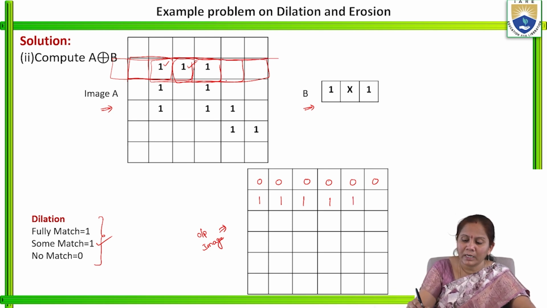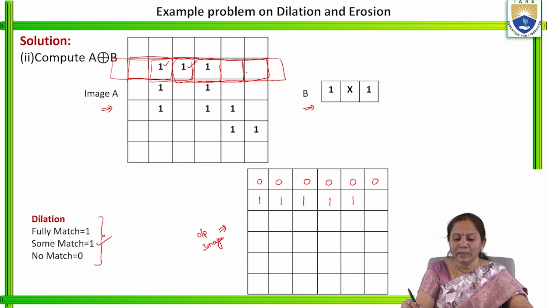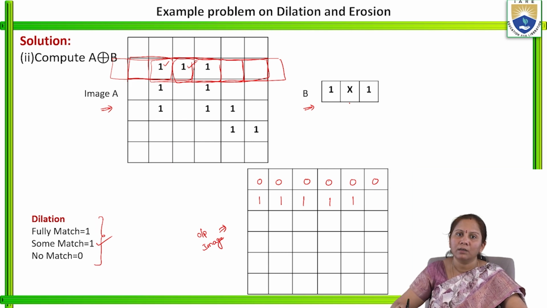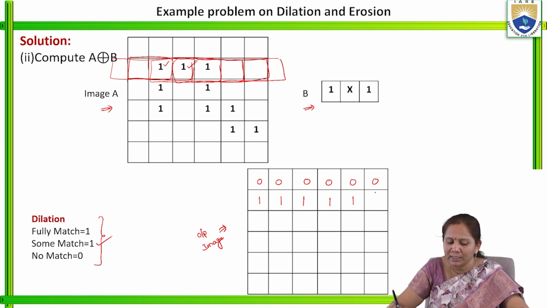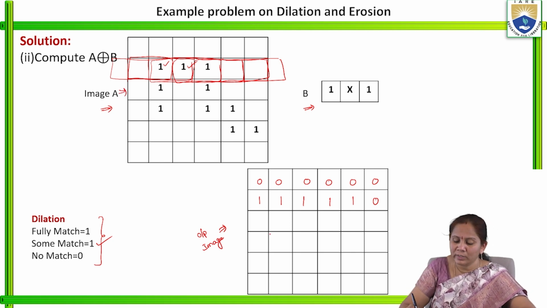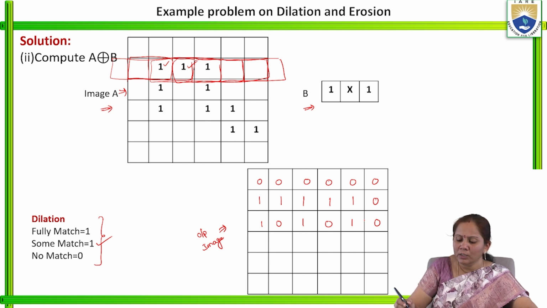Whereas to find the last element, here all are vacant, but B has 1s, so it is no match, so we will put this as 0. Similarly, apply the condition for this row, so the elements of that row will become 1, 0, 1, 0, 1, 0.